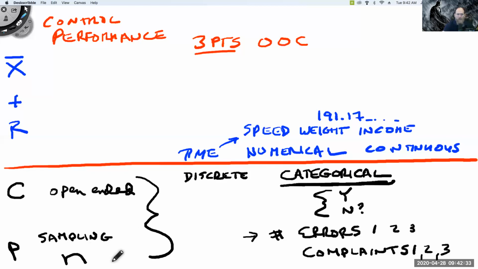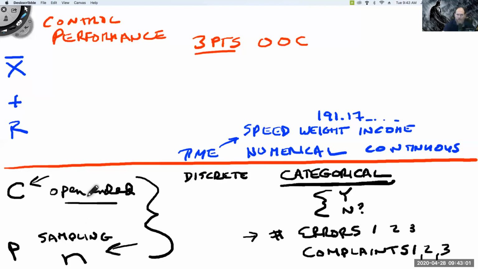In my situation, do I have an N? Is there an N in the narrative? Do I have a sample size? If there's no sample size, then I'm up here and I'm going to do a C chart. If there is a sample size, or there's any notion of sampling, then I need to find out what that N is, because I'm going to need it to develop this chart. But I'm down here.